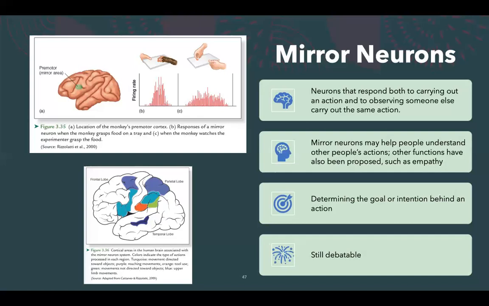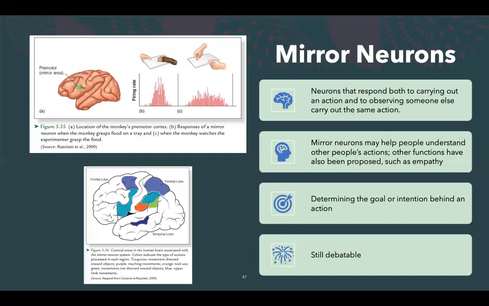And additional work using fMRI in neurologically normal people has further suggested that these neurons are distributed throughout the brain in a network that has been called a mirror neuron system.